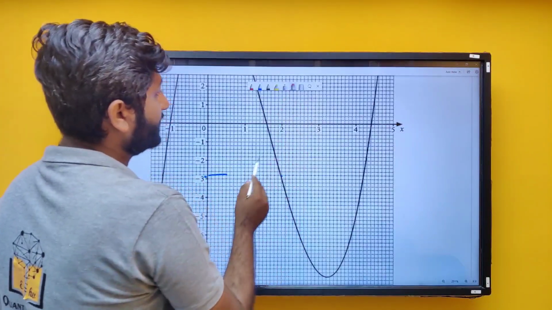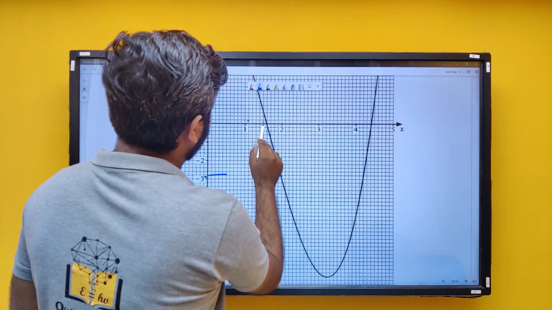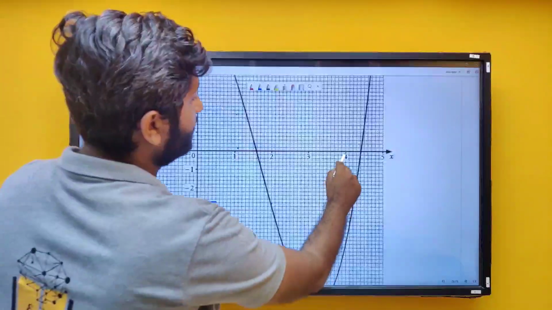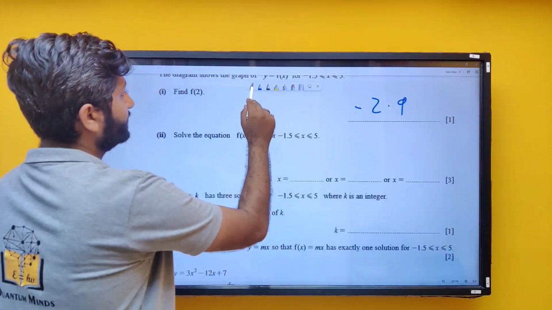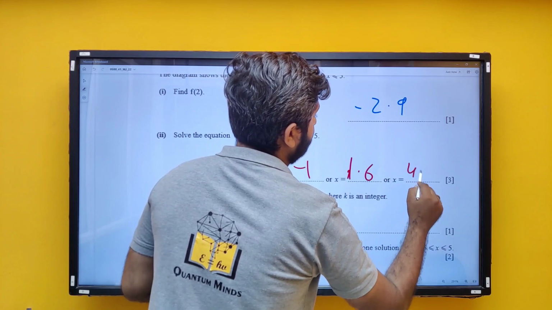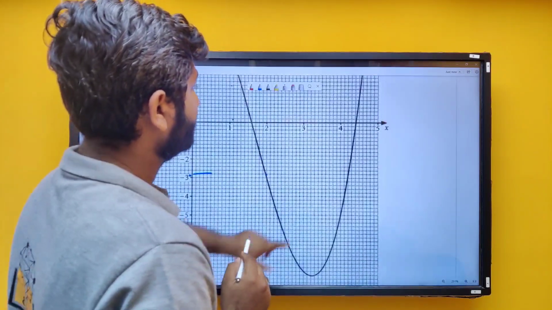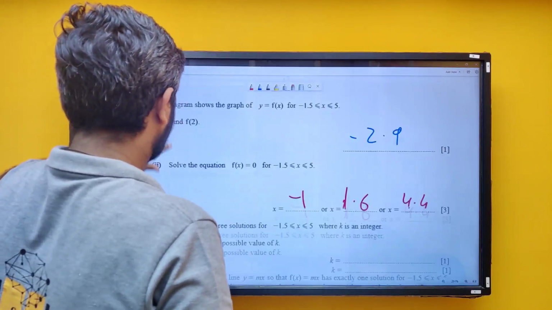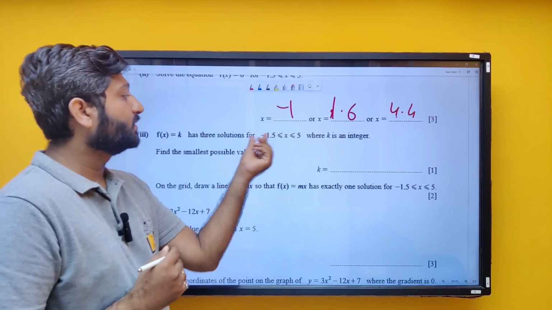Then we have 1.6 and 4.4. Was it 4.4? Yes, 4.4.